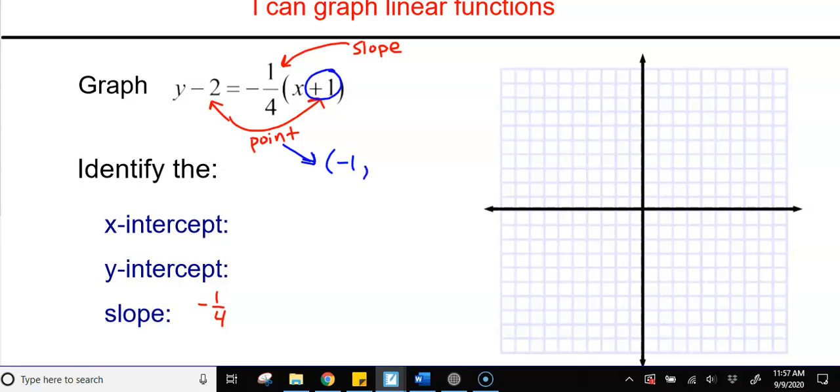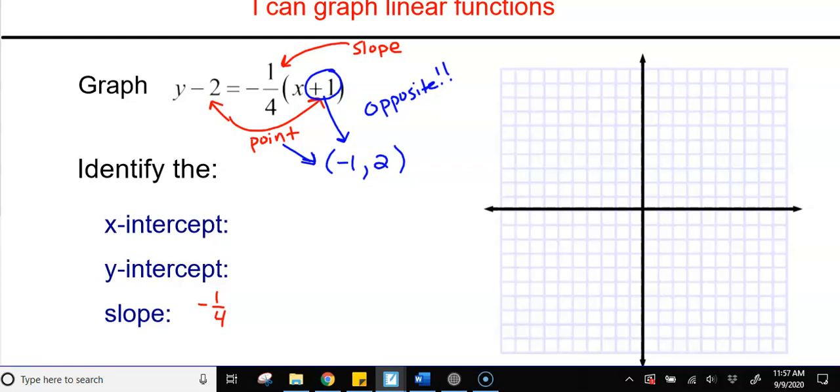And we want to use the opposite of negative 2, which is positive 2. So our point that we need ends up falling at negative 1, 2. So opposite. That's a big thing to remember here. The opposite of what you see. Your x value is the opposite of what's next to x. Your y value is the opposite of what's next to y.